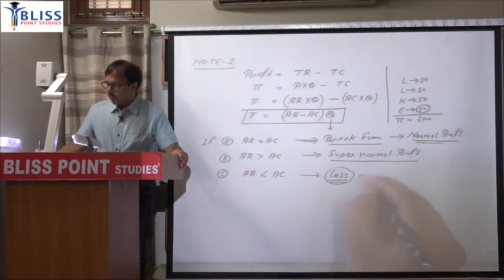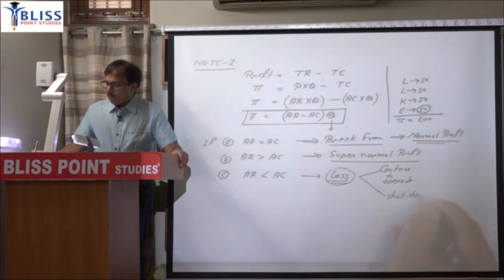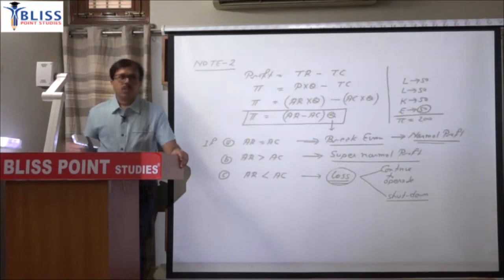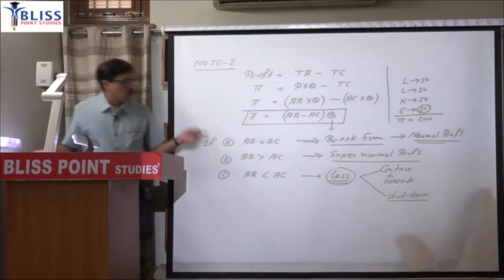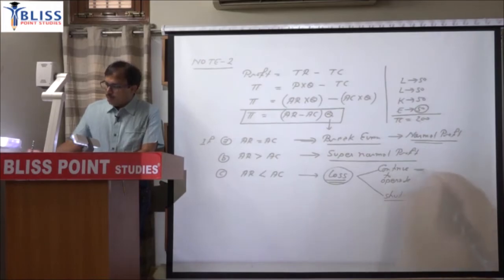So in the condition of loss, two possibilities: the firm may continue to operate, and second, the firm may shut down the production. When will the firm continue? When price is greater than average variable cost.